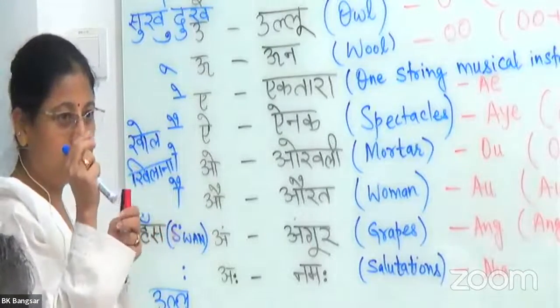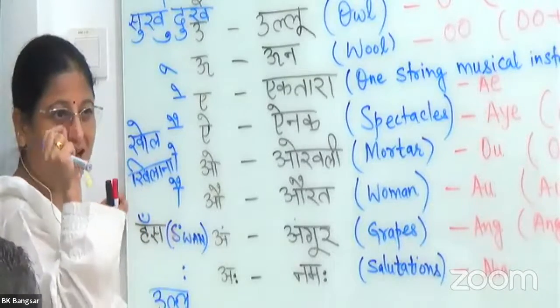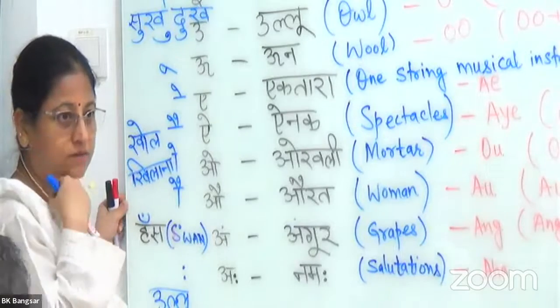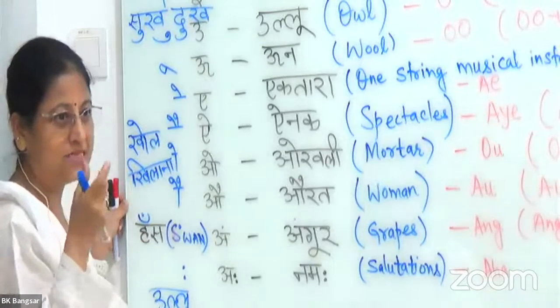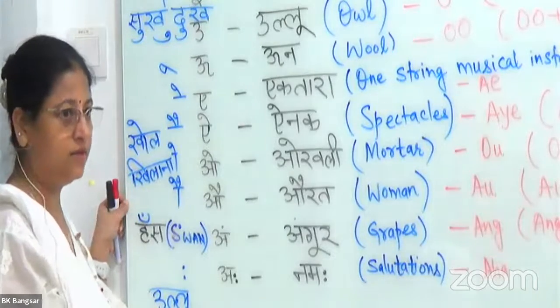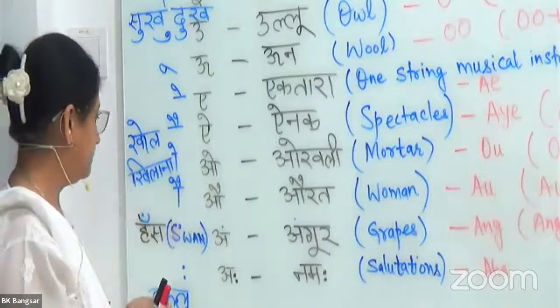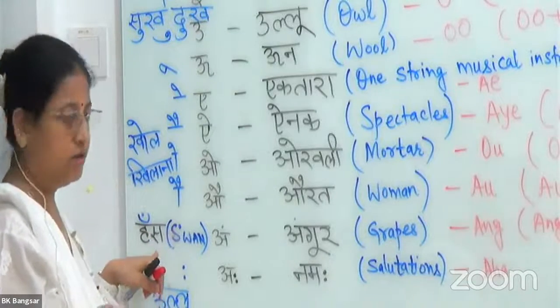But when it is used in a conjunction word, it's just the dot. Hans. So mostly it will be the N sound. The G sound will disappear. Yes. Swan.